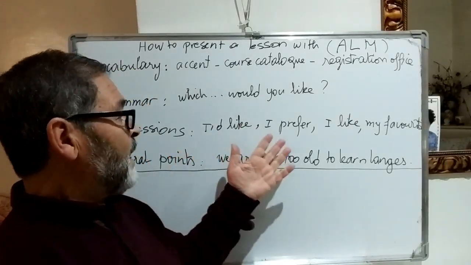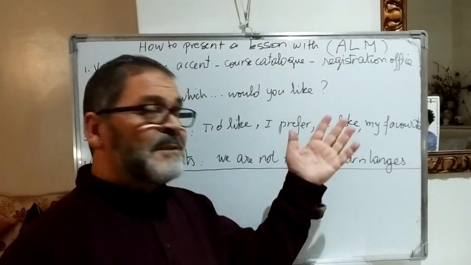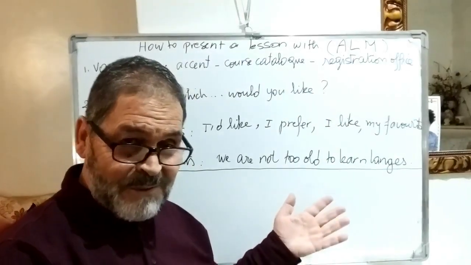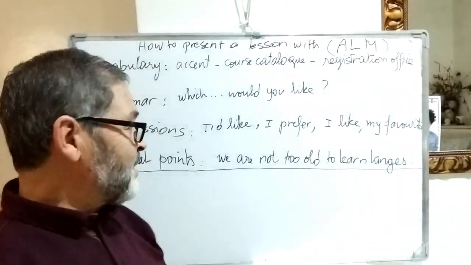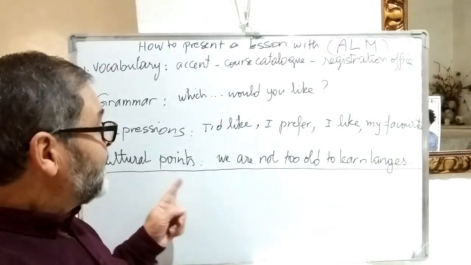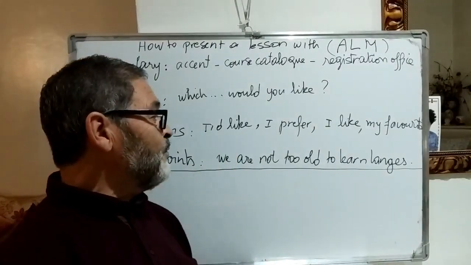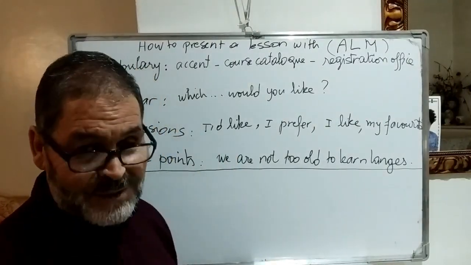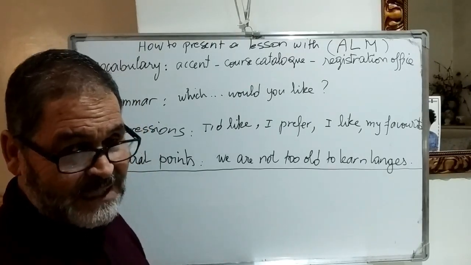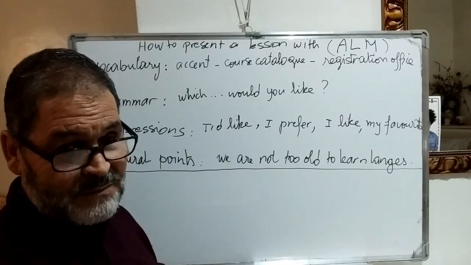I'd like, I prefer, I like, my favorite. My favorite subject is so-and-so, my favorite language is so-and-so. So that's 4 cultural points. We are not too old to learn languages. So these are aspects of culture, of course, that we are going to discuss with students.